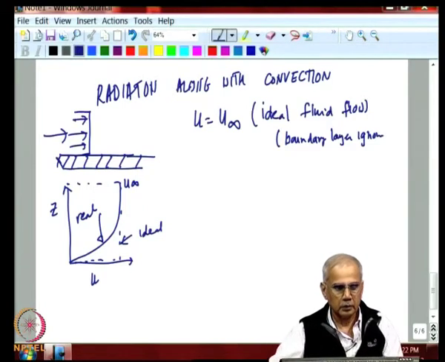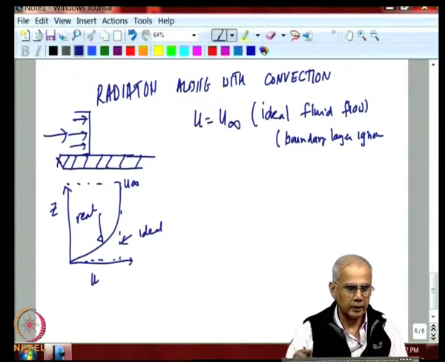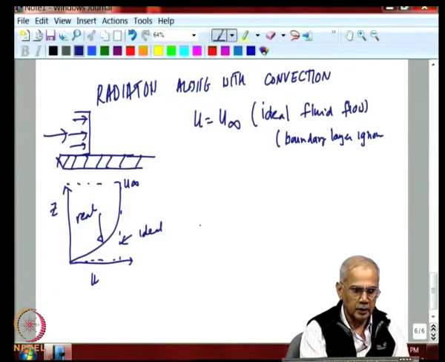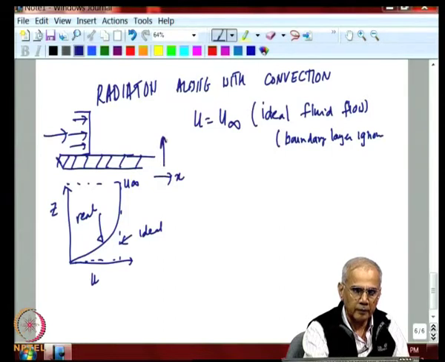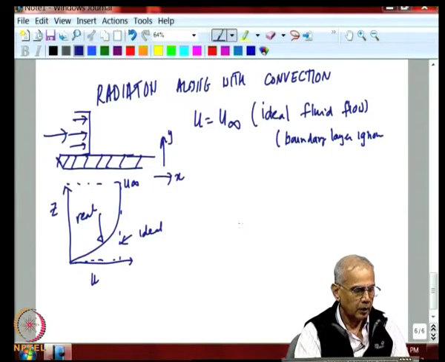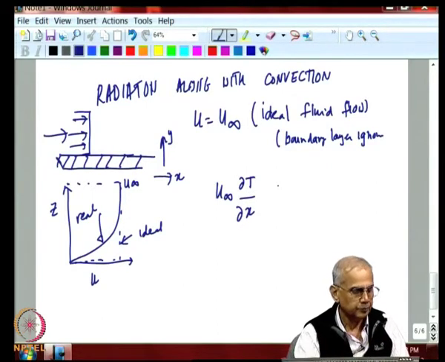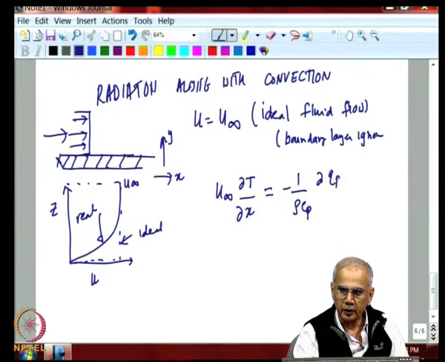Now, if you do that, then let us call this direction x and the other direction y. Now, we can write down the simple equation as heat removal by convection by fluid flow is equal to minus 1 over rho C p delta q r delta y.